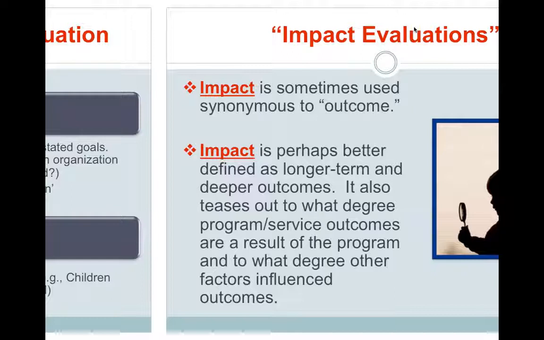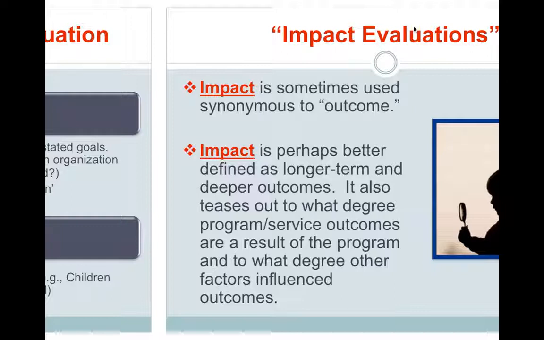So, for example, if you have a program that's focusing on poverty reduction, and we find out that actually while our program is running, there were also some changes in policy in our favor to help people reduce poverty. And there were also other programs in the community that were supporting people. We have to try to tease out as best we can what slice of the pie can we take credit for, and where is credit due in other areas.